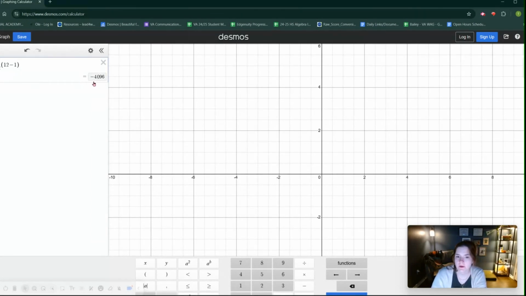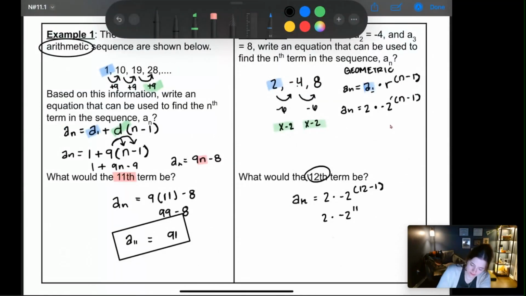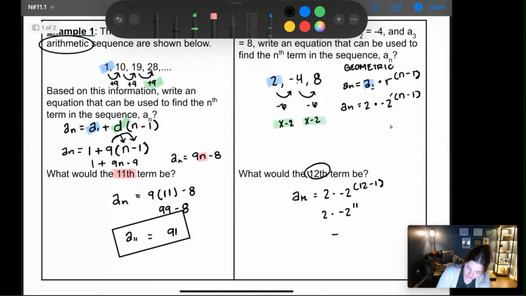It tells you right there, negative 4,096, which is kind of a crazy number, but it is the 12th term. And that kind of makes sense, right? If I keep multiplying negative 2 times negative 2 times negative 2 times negative 2, I'm going to get bigger and bigger and bigger. So the 12th term was negative 4,096.